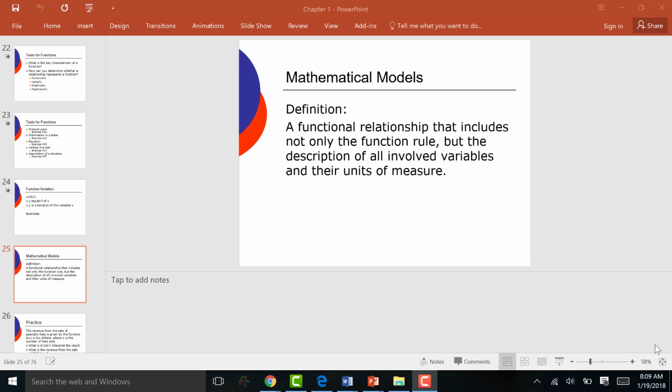If it's an equation, you type the equation in Desmos, that means www.desmos.com, and then see if it passes the vertical line test. The last one was the verbal one, where I gave you an example of your checking account balance on any given day.